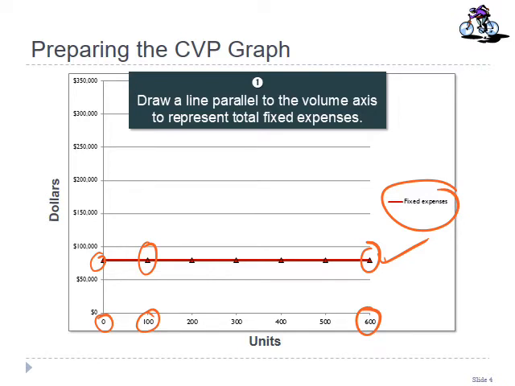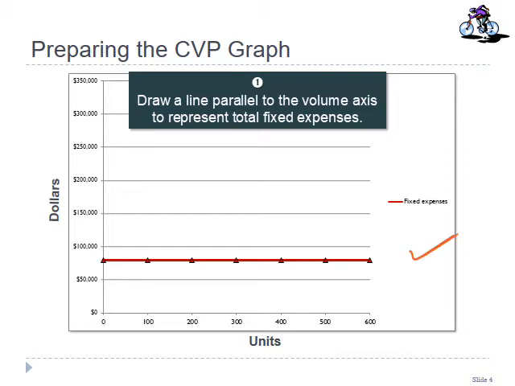When you connect these dots with this red line, it is a horizontal straight line. This also proves our discussion that fixed expenses as a whole are constant. When fixed expenses are converted into a per unit cost, their behavior changes. But here we are just taking total fixed expenses, so it's a horizontal straight line.